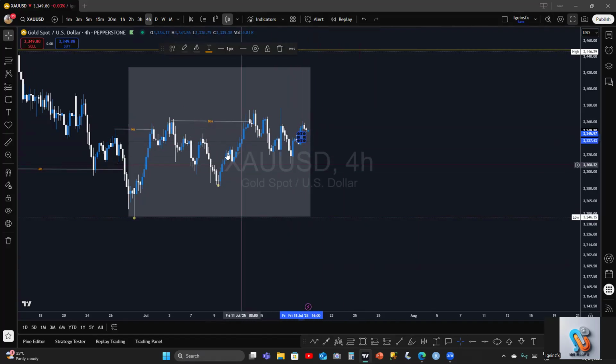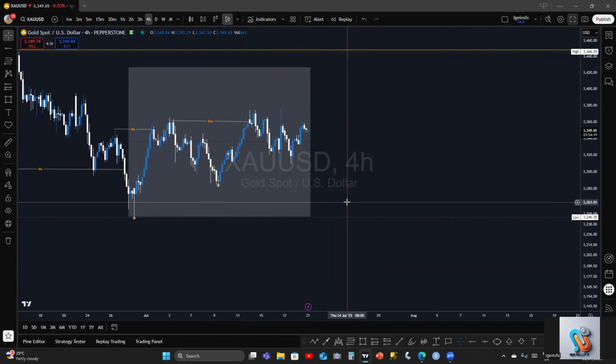Because this one here is a flag. It's pulling back before it pushes. Once it pulls back a little, then it pushes.